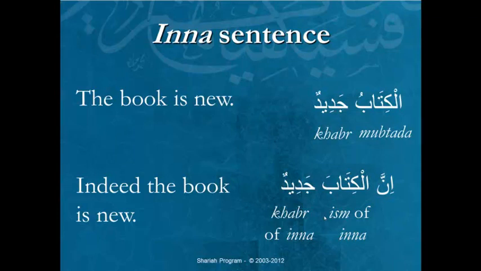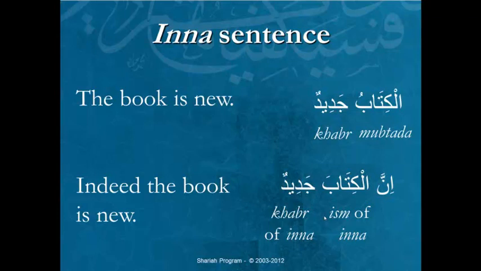And the predicate has the same ending that it had earlier, but since the label is different, it's going to add to our number. So because of the existence of kana, we have two additional usages. One of them is called ism of kana, the other one is called khabar of kana. Similarly, because of the existence of inna and the fact that inna comes at the beginning of the nominal sentence and abrogates it, we have two further usages. So now we're at 15.